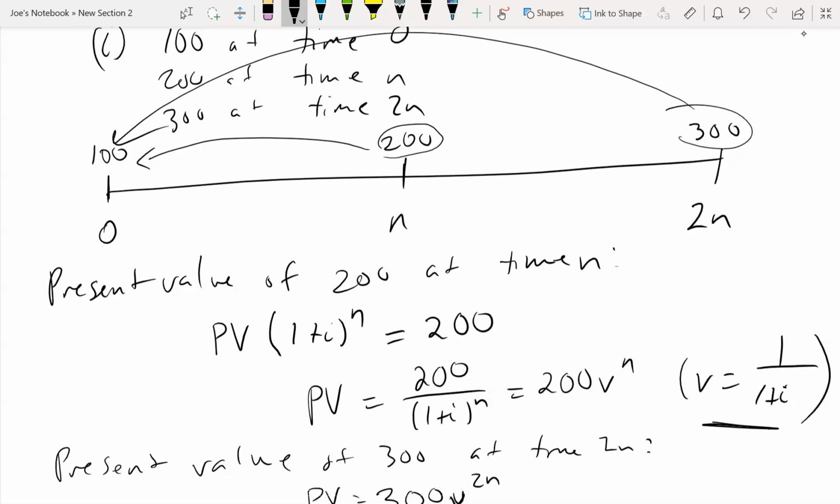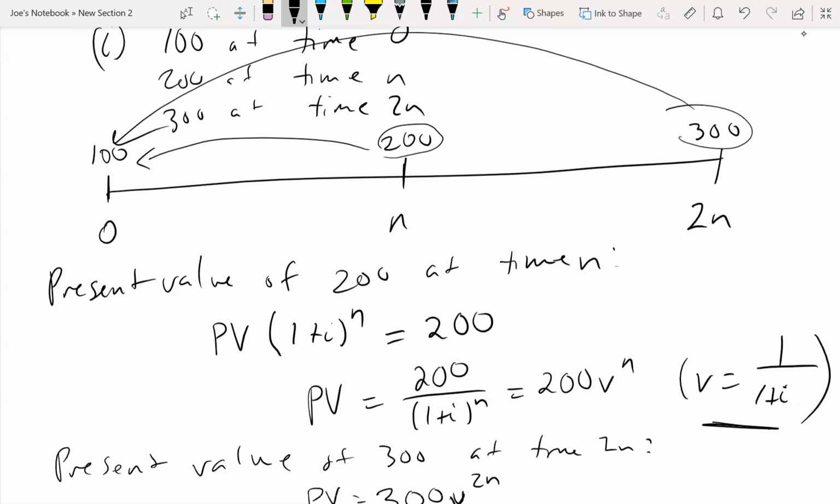So now it asks for the present value of the payment stream, right? And I like to say things with payment streams. The present value of the payment stream. Well, we've got the present value now of the 100, of the 200, of the 300. If I want the present value of the stream, what do you think I need to do with those three values? Add them together, yeah. We just need to add them together.